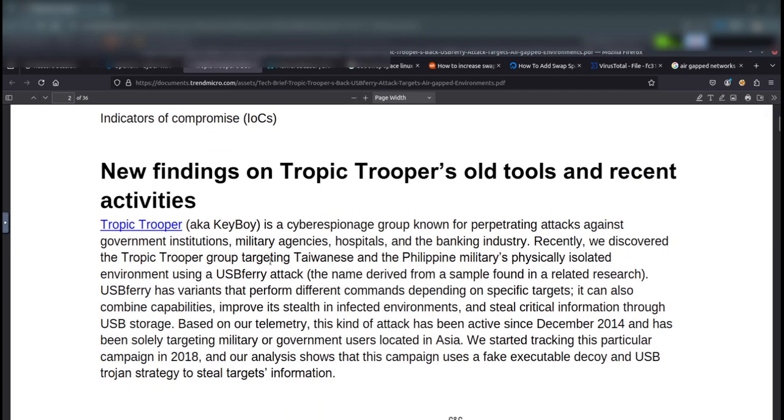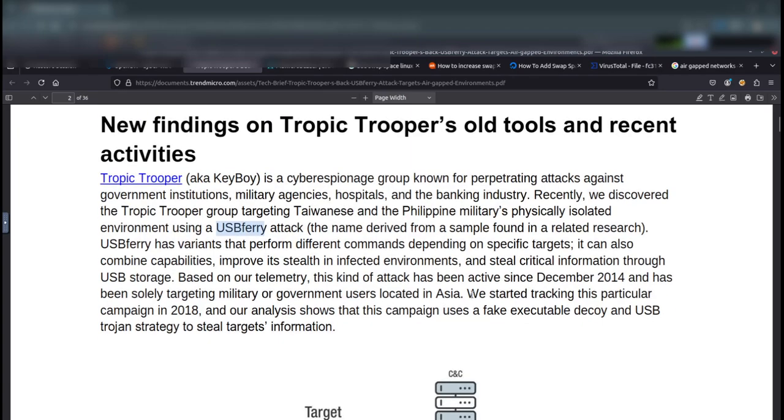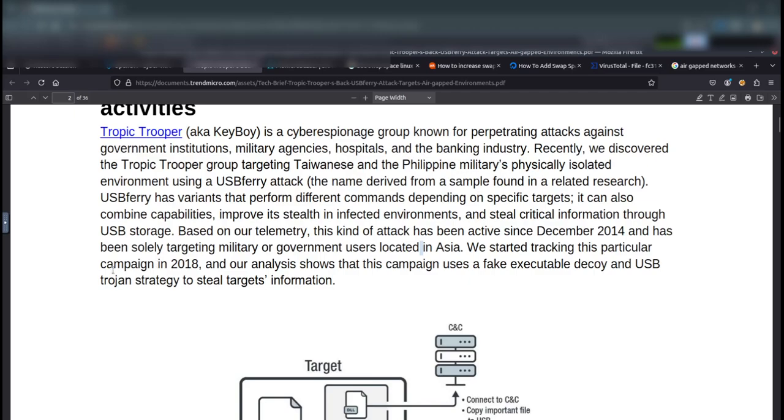Here's a recent one. So we have targeting Taiwanese and Philippines military physical isolated environment using cyber attack. And here it's targeted Middle East and Asia. We start a dark link particular campaign.